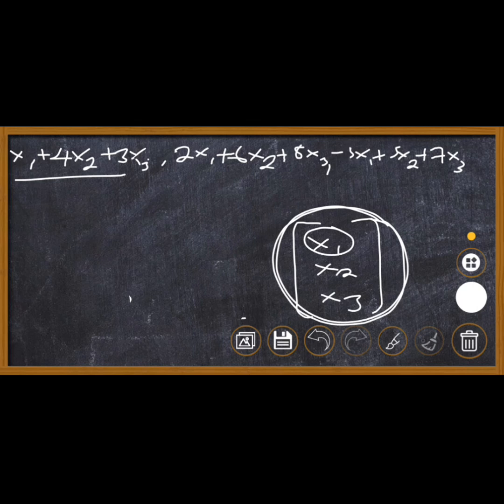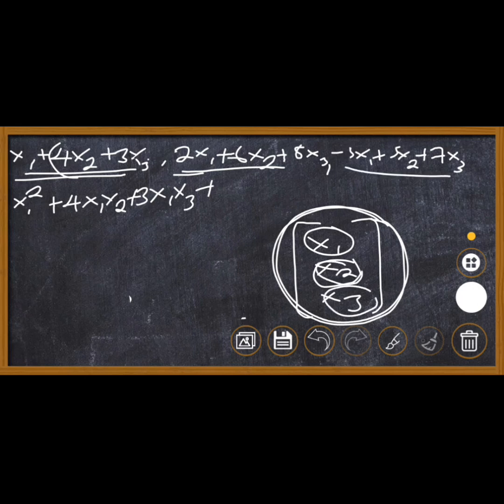So x1 multiplied by x1, we have x1 squared, then plus 4x2 multiplied by x1, we have 4x1 x2, plus 3x3 multiplied by x1, we have 3x1 x3. Then we come to 2x1 multiplied by x2. Now we come to this one. When you are done with this one, comma, you come to the second, comma, you come to the third. So make sure that you take note of that pattern here.